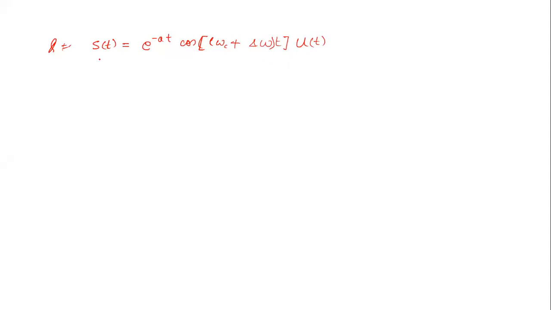Okay, so the signal, the modulated signal, is given as s(t) is equal to e to the power minus at cos of (omega c plus del omega) t u(t).